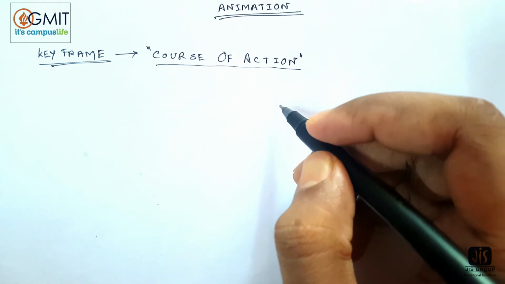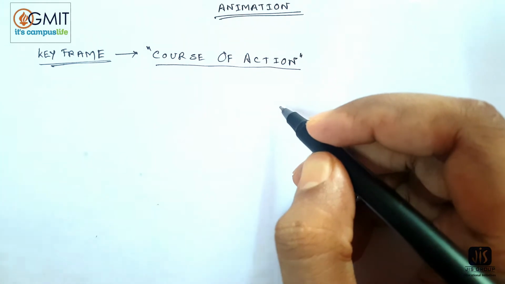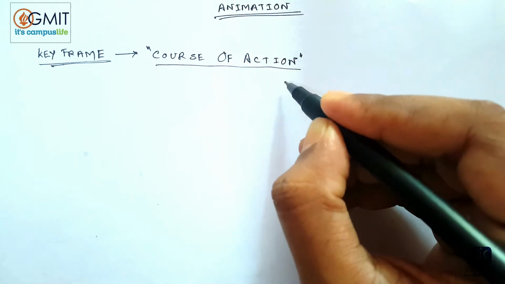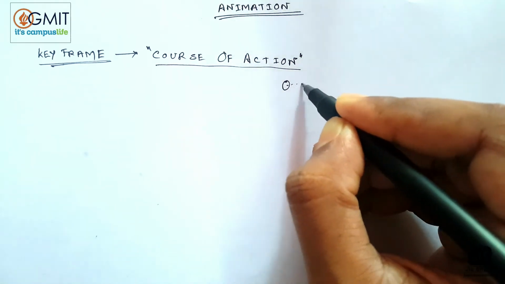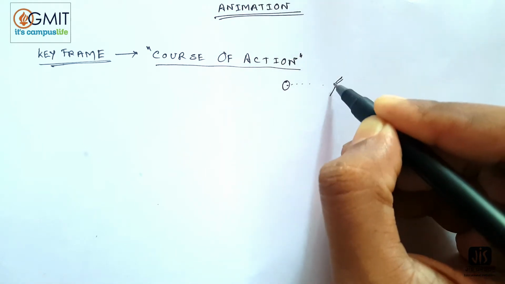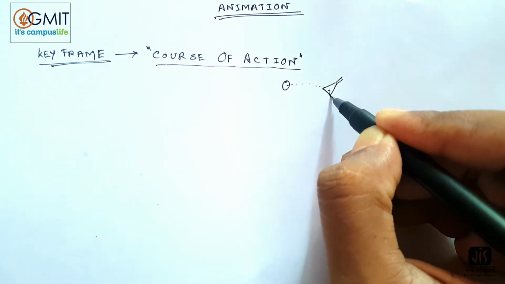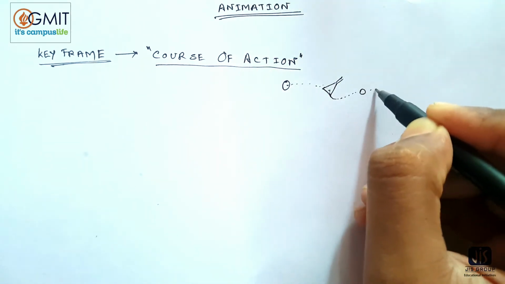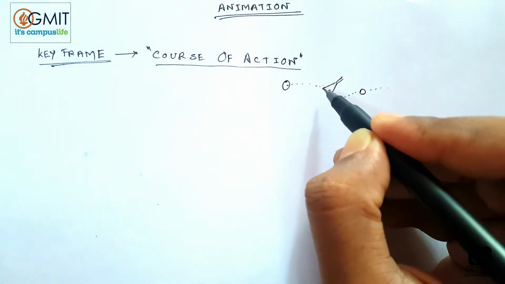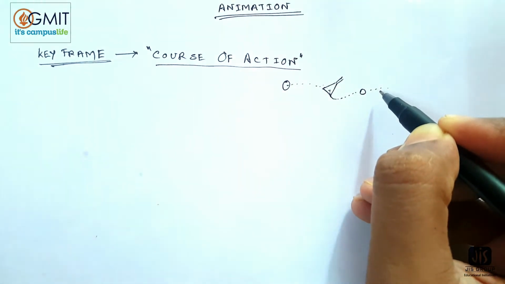Suppose I want to animate a batsman hitting a ball. The ball goes to the bat, and then the bat sweeps it and the ball goes towards the boundary.